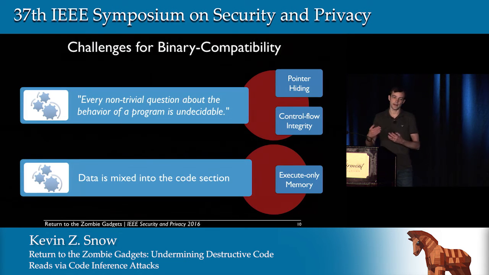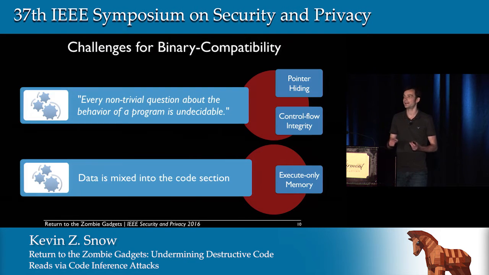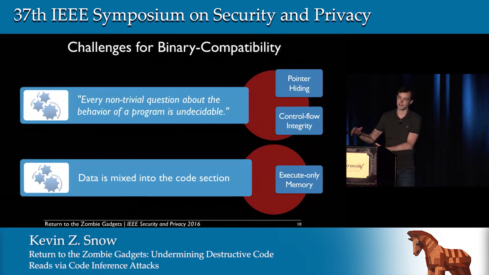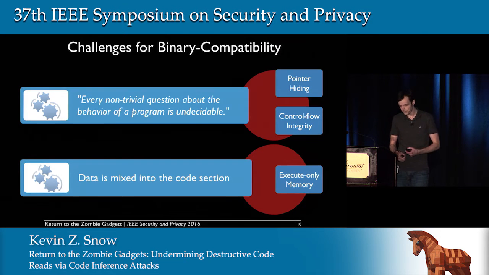Then you also have defenses that are trying to implement something called execute-only memory. The idea here is that in these multiple memory disclosure attacks, the attacker needs to be able to read process memory to find the gadgets. So the idea is, well, okay, code should not have data in it, so we should be able to mark every code region as non-readable, make it execute-only.